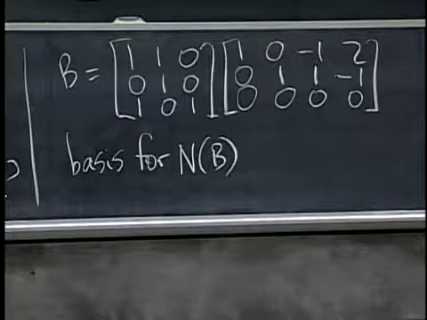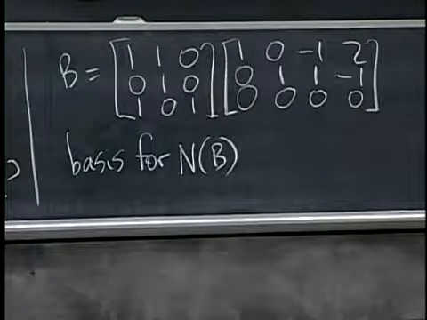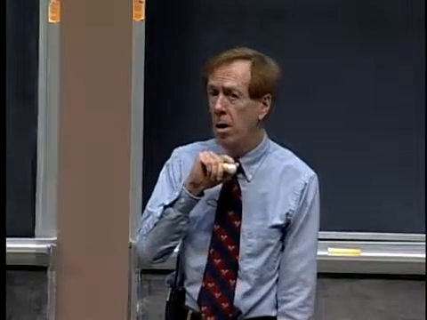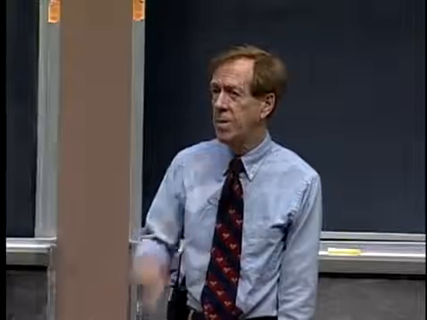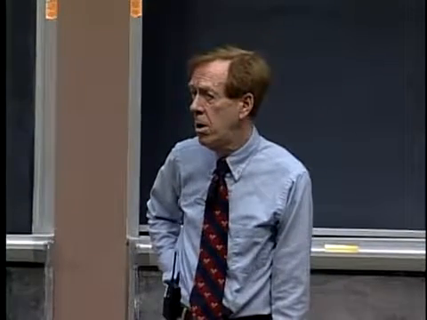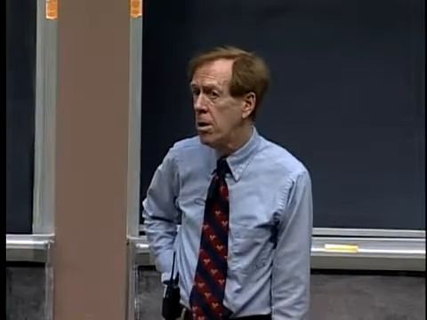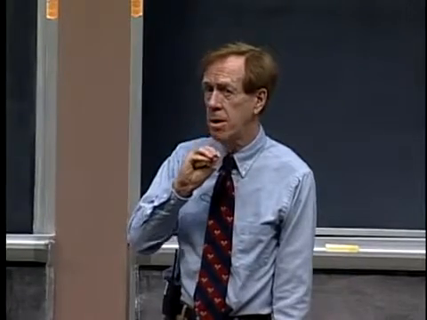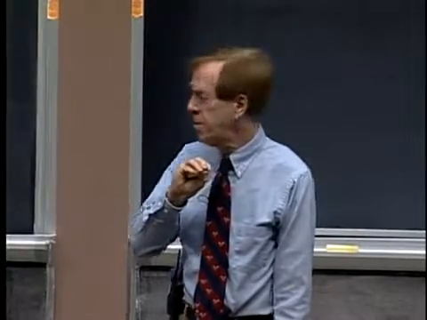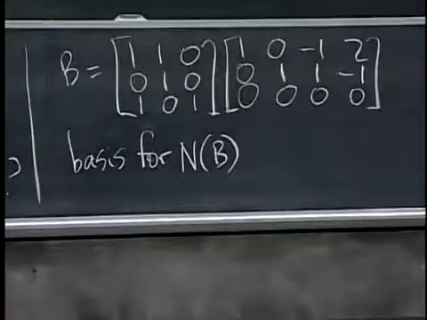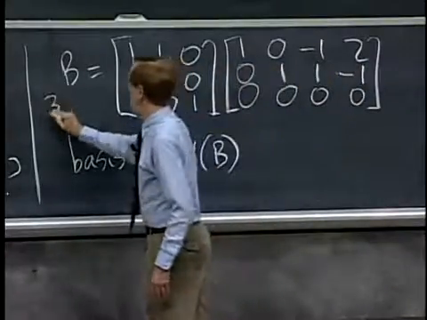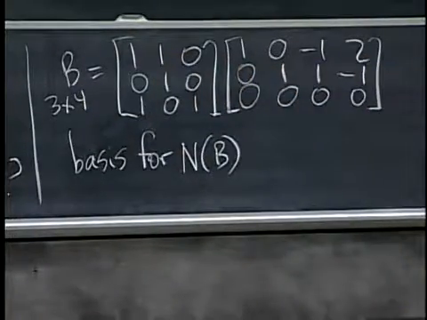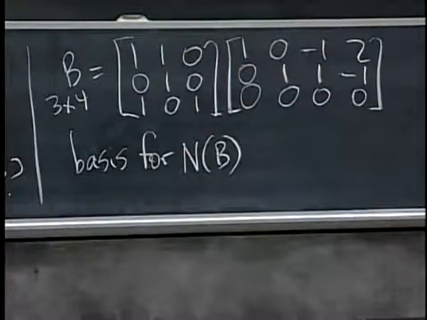Let's see, what dimension am I in? The null space of B is a subspace of R what? What size vectors am I looking for here? Because if we don't know the size, we aren't going to find it, right? This matrix is 3 by 4, obviously. So if we're looking for the null space, we're looking for those vectors x in R4.